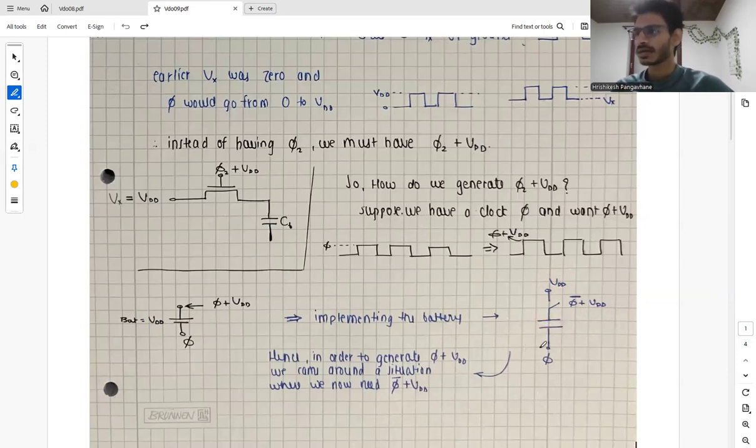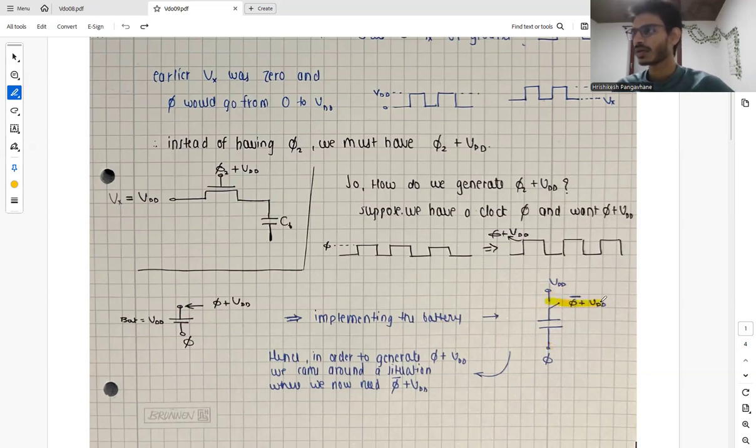Again, we have phi just the way we had here, then we have a battery just the way we had here. So at this point we will get phi plus VDD. But if we want to get phi plus VDD, we need to charge this capacitor with VDD. That's why we need a switch. So why do we need a switch over here?